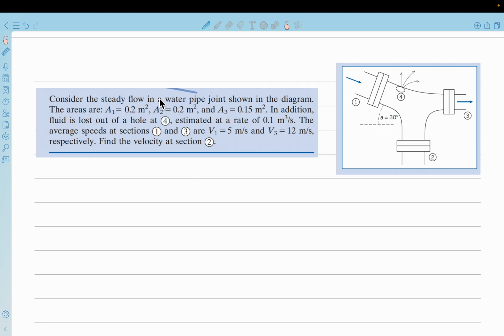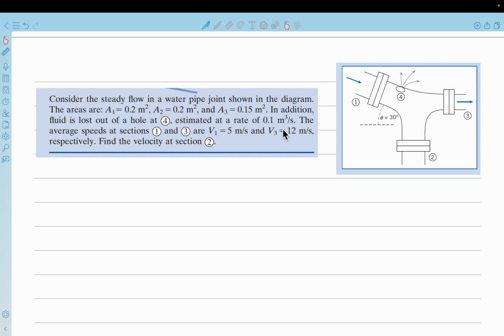Consider a steady flow in a water pipe joint as shown, and the areas are given to you. In addition, we have fluid lost through the hole at 4, and the rate of this loss is also given, 0.1 meter cube per second.